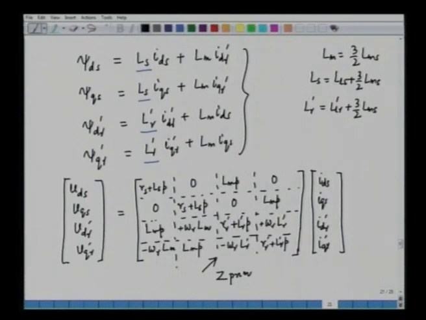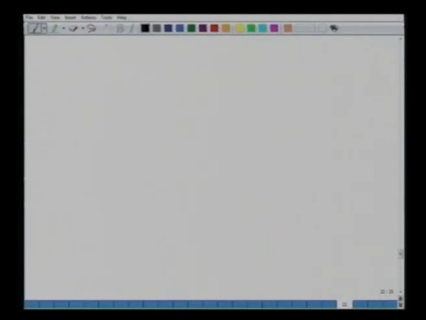G matrix is that part of the matrix which is associated with omega r term. So, we can evaluate the G matrix, and we can rewrite this matrix G, a 4 by 4 matrix.